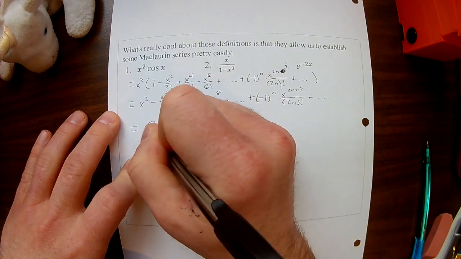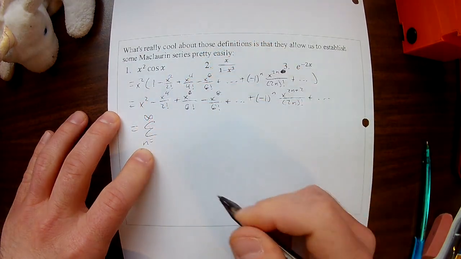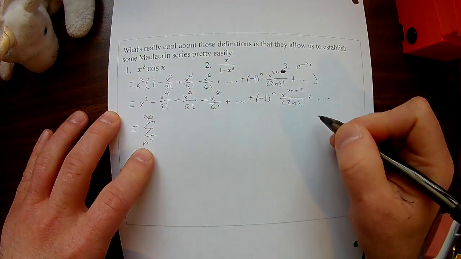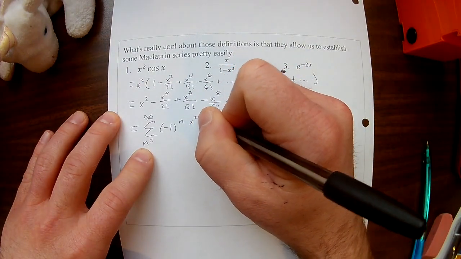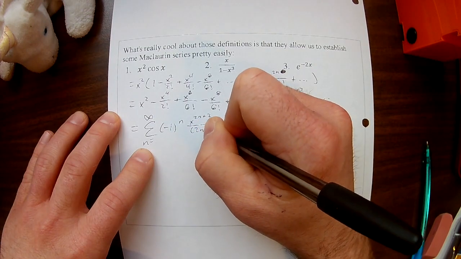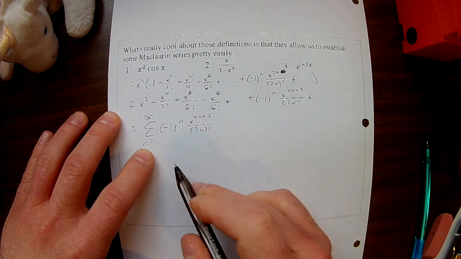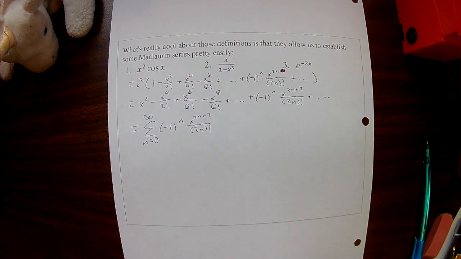Or, in summation notation, summation from n equals blank to infinity of negative 1 to the nth, x to the 2n plus 2 over 2n factorial. And all of a sudden, I just look back and I can see if I plug in 0. It's going to work there.